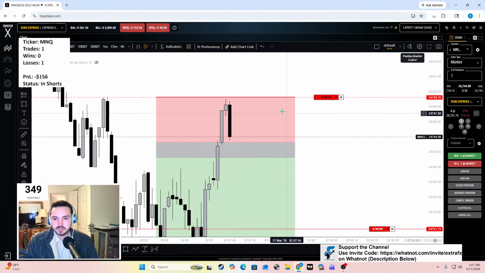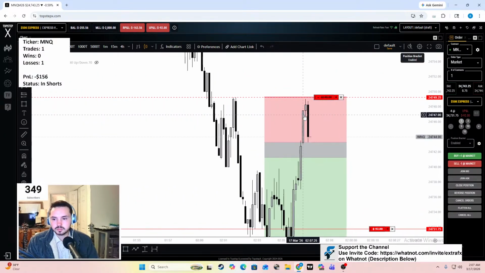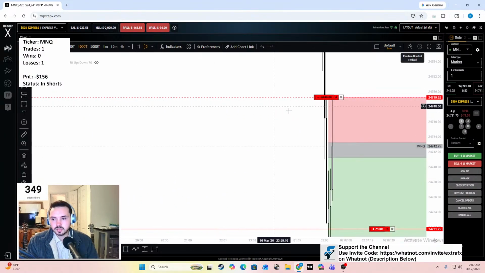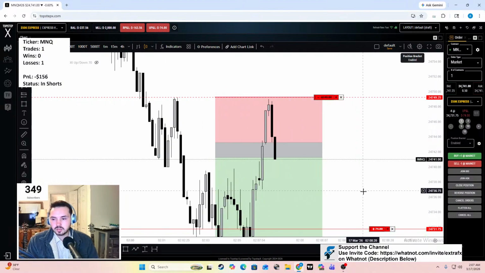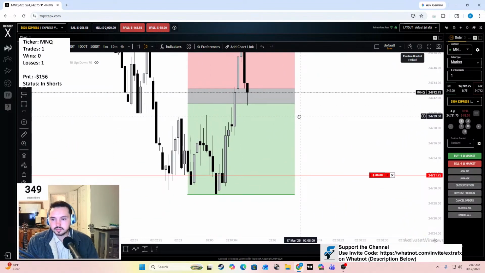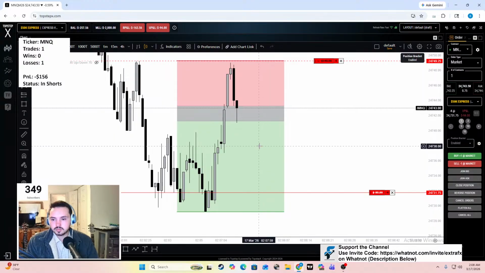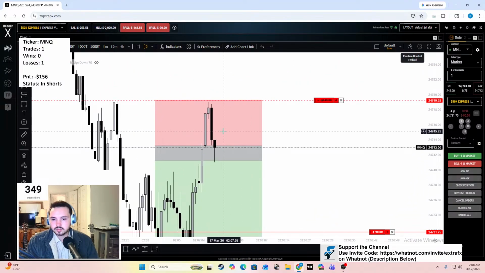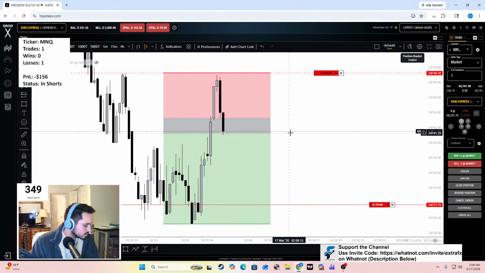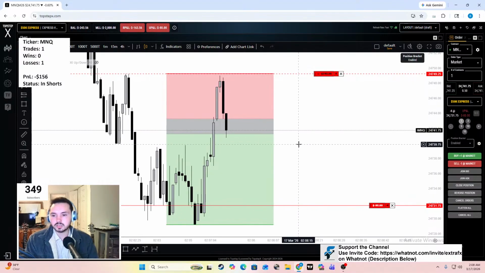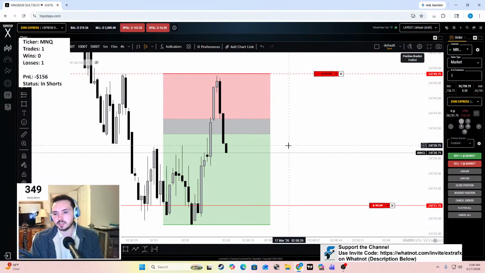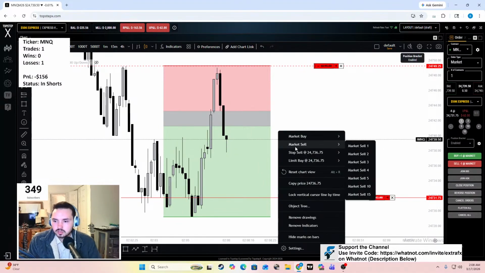I really don't want to see the liquidity be grabbed. This is not a good trade either. This will probably be my final trade of the day, just so I don't get stuck in no man's land.